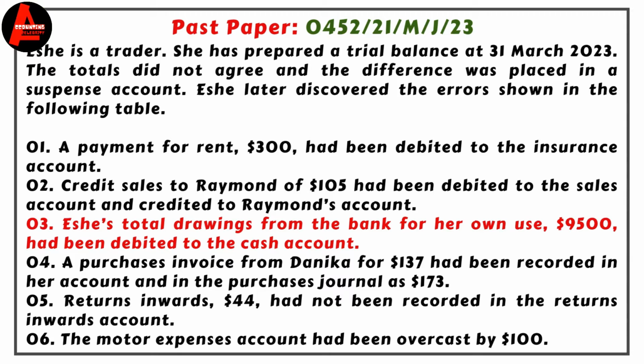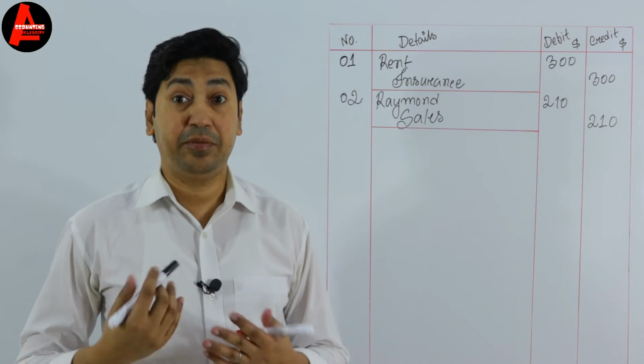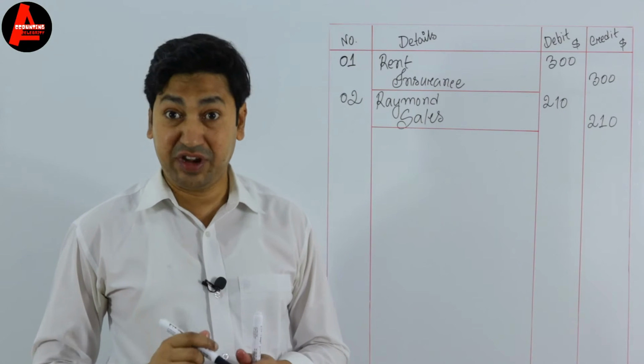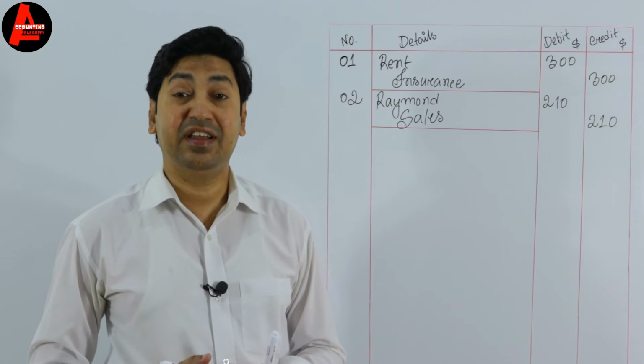Eshe's total drawings from the bank for her own use, $9,500, had been debited to the cash account. Drawings, what is the normal transaction? The general transaction for drawings is drawings account to be debited and bank account to be credited. But here mistakenly the cash account had been debited.